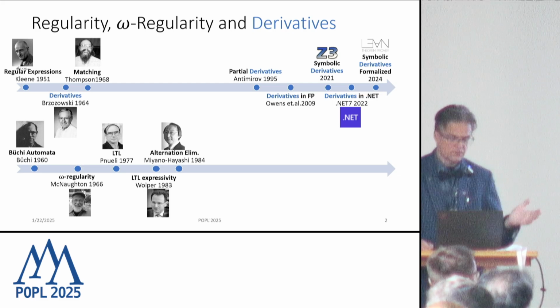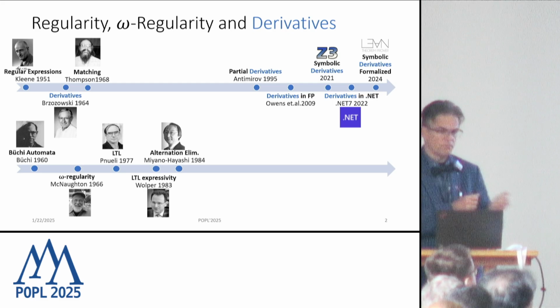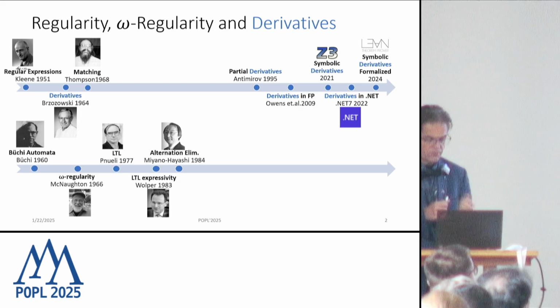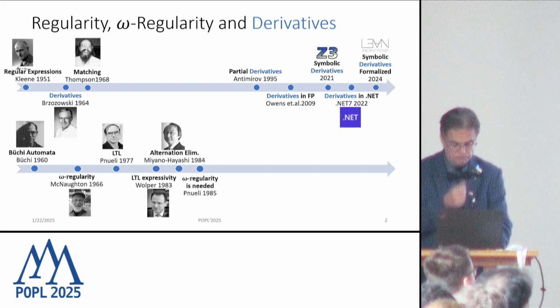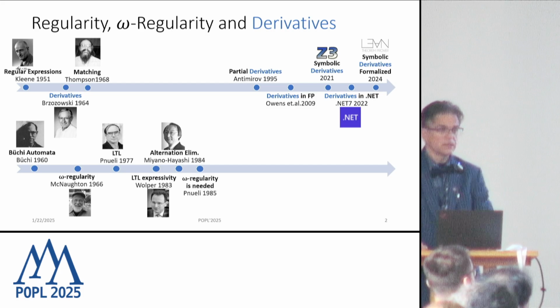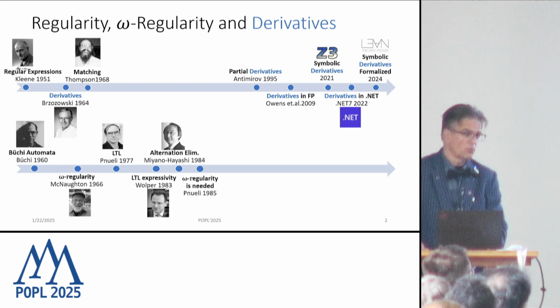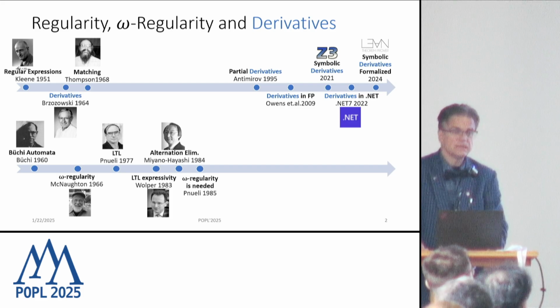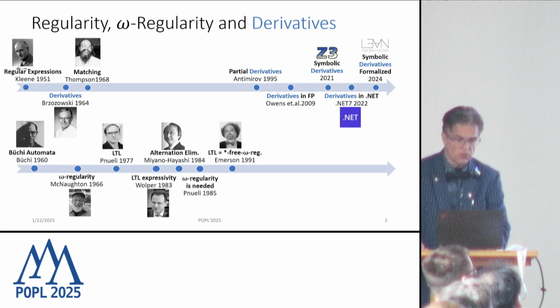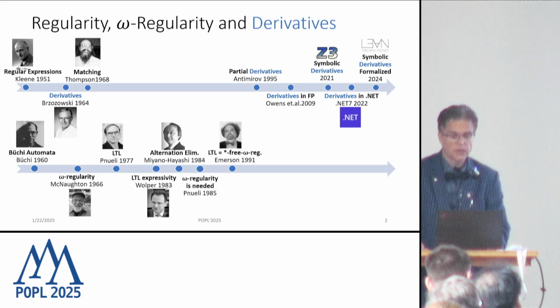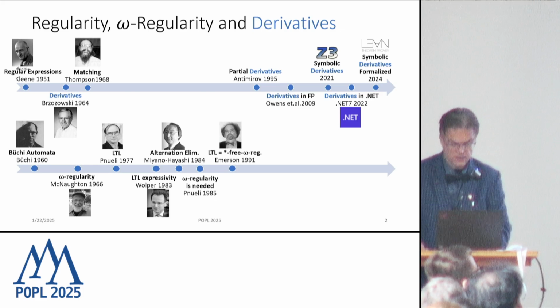And then, at roughly the same time, the alternation elimination algorithm from alternating Büchi automata to non-deterministic. And then Pnueli also wrote a seminal paper noting that omega-regularity is really something that is needed in general purpose temporal reasoning. Emerson also proved some precise theoretical results in that line of work.